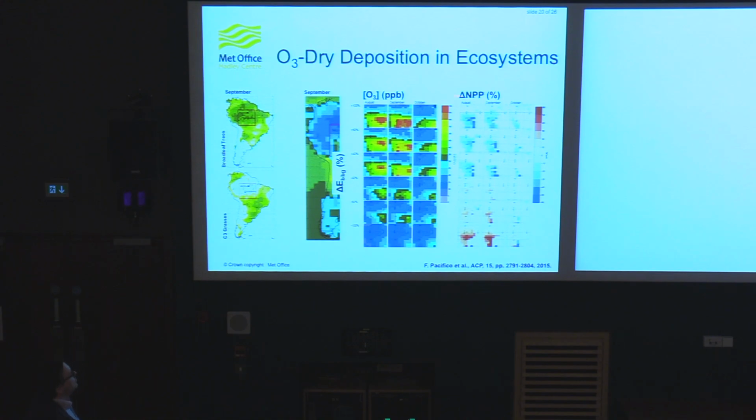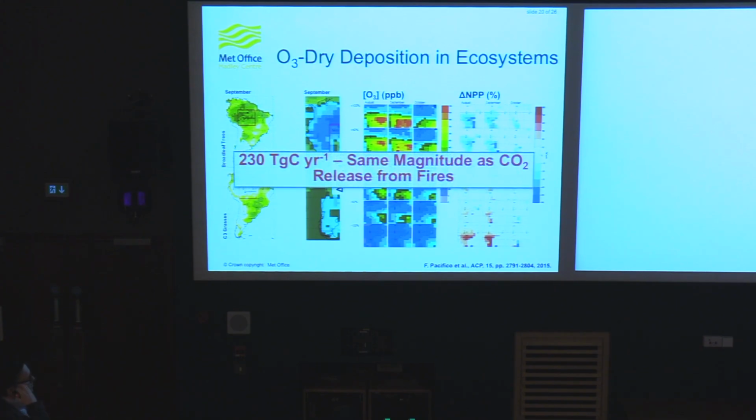And here I'm showing the change in net primary productivity, which is a measure of photosynthetic activity, basically. And they are inversely related. So the more ozone you have, the less productive the environment is, and the less ozone you have, the more productive the environment is. So there's a clear connection in the model between more or less fire emissions and a better and worse functioning of the ecosystems.